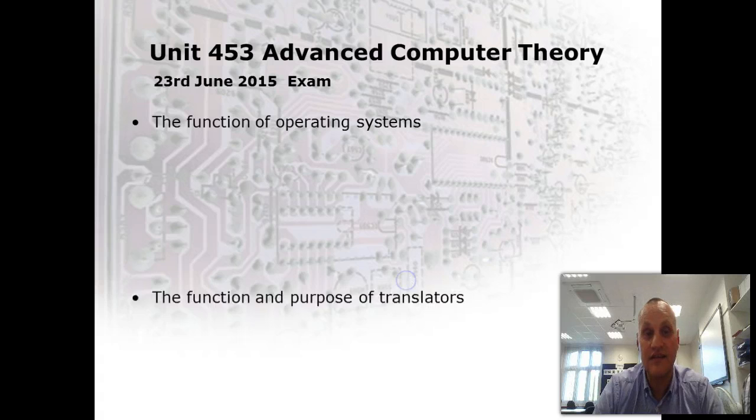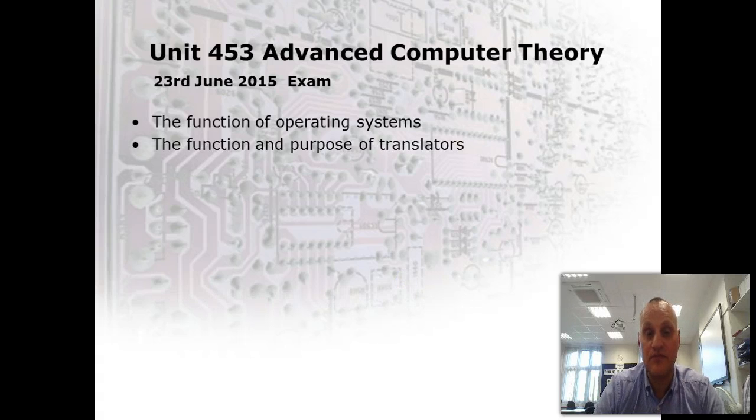We'll look at the function and purpose of translators. That's translating any language, whether it's C#, machine or assembly language or other languages, either assembling it, compiling it, or translating it into binary for the native machine.